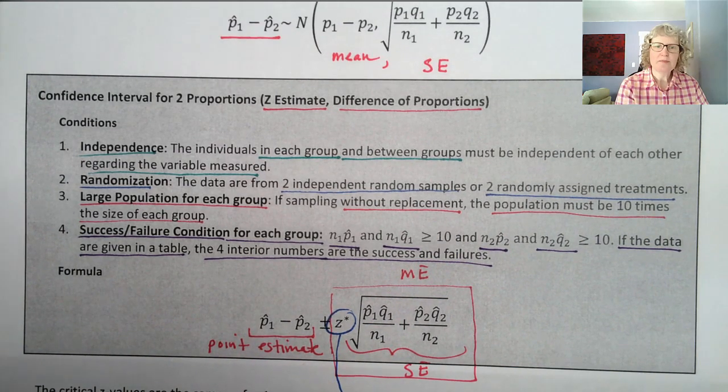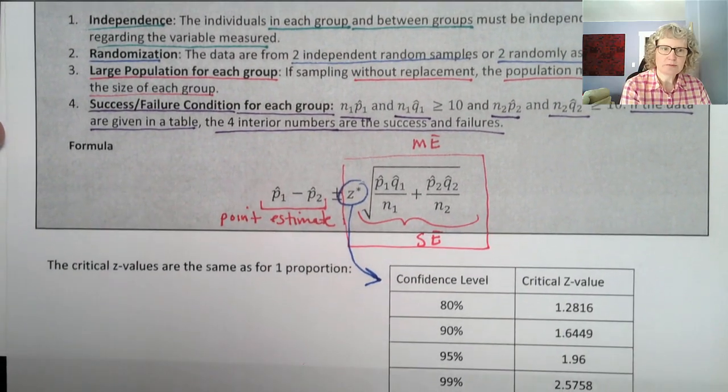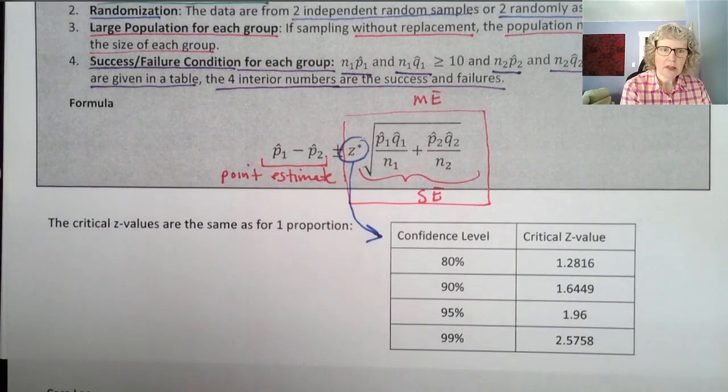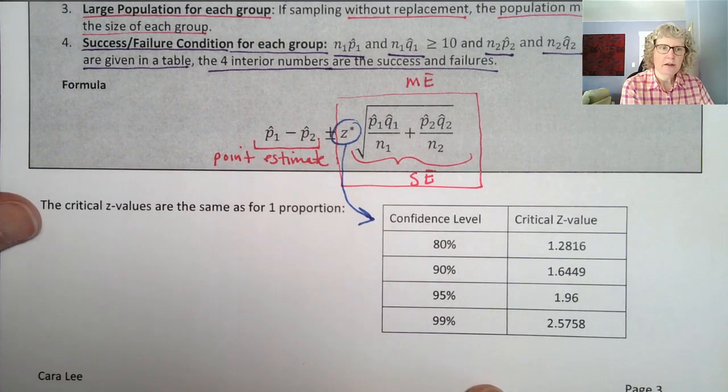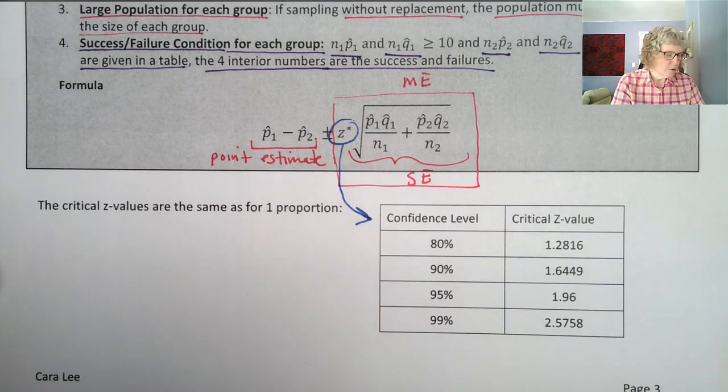Now the z stars are actually the same that you're used to, because we are using the normal distribution, and so that means we have those same critical z values. I'll show you real quick if you want a quick refresher.